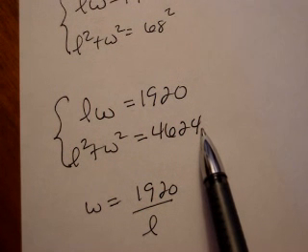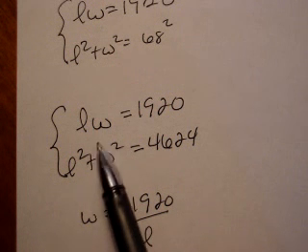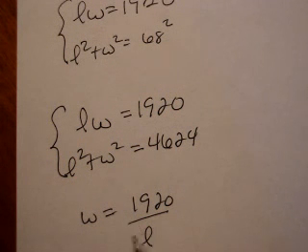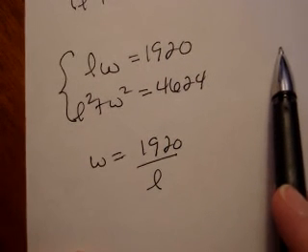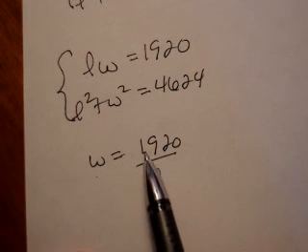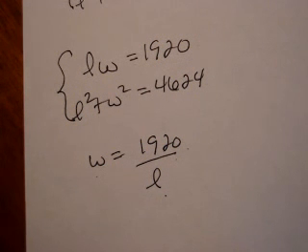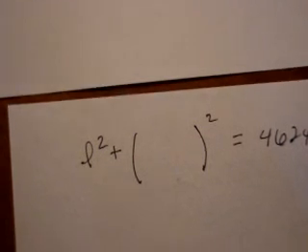What I'm going to do is substitution, because once again there are no like terms that are shared between these two equations. So I'm going to take the first equation and solve for W. So I got W is equal to 1,920 over L. And now I'm going to substitute it into the second equation.